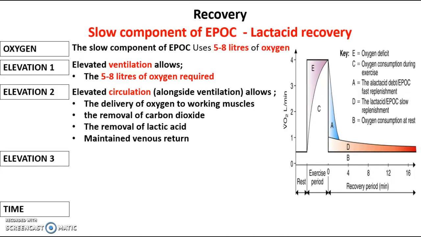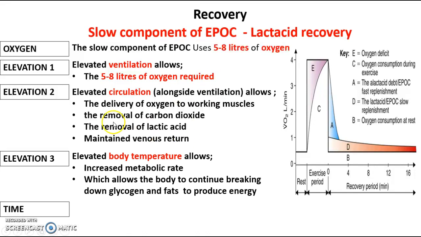So going on, the final elevation, which is the only one we haven't talked about with the fast component, is that you also have an elevated body temperature. Your body temperature rises in exercise, but it remains high following exercise and in our slow component of EPOC.